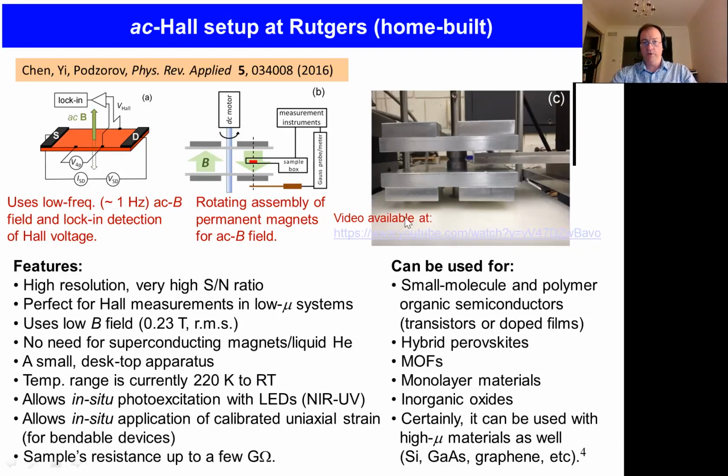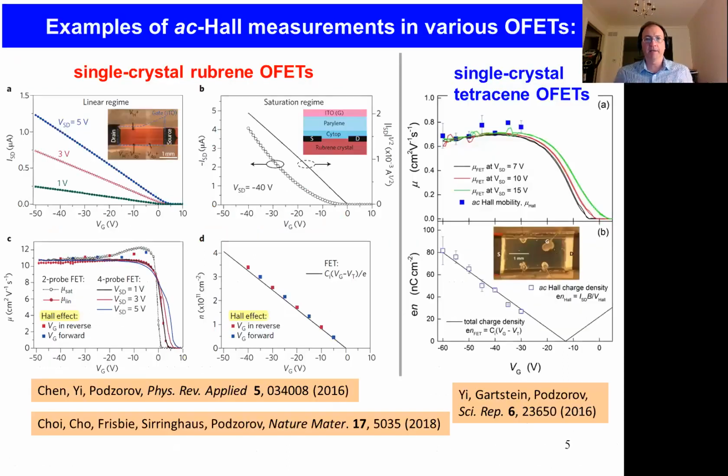Also, this system, of course, is good not only for low mu systems, but you can also measure gallium arsenide or graphene high mobility systems. So overall, very convenient.